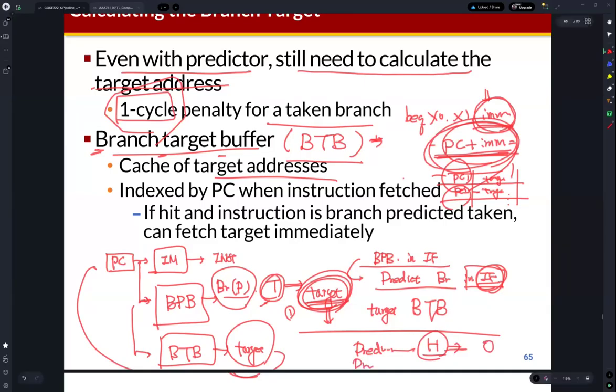If the prediction is missed, then the penalty is the same as the taken branch without the branch prediction buffer, right? So if the hit rate is very high, then the penalty is 0. So using the prediction technology, we can handle the performance issues caused by the control hazard, right? You understand? So this is very good, right?